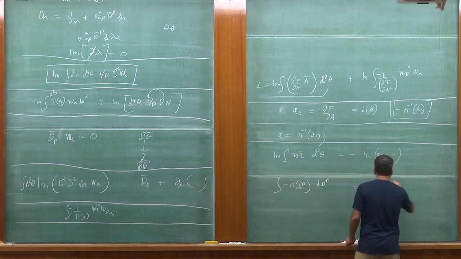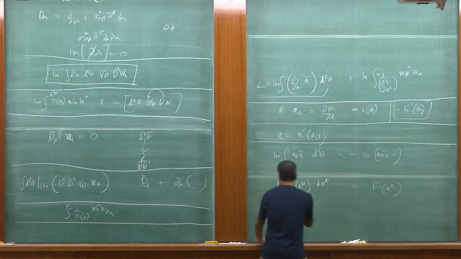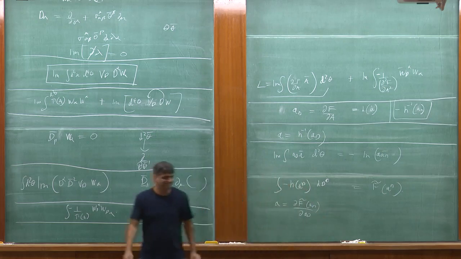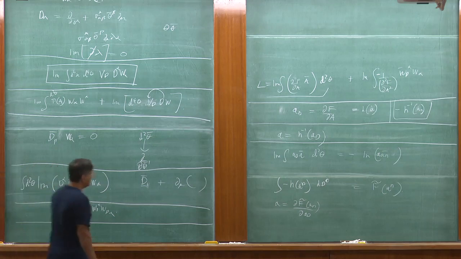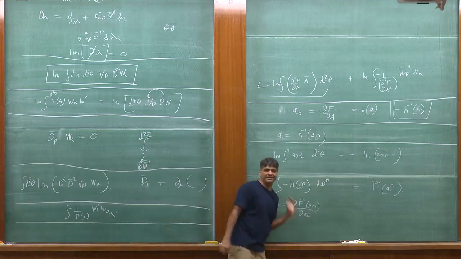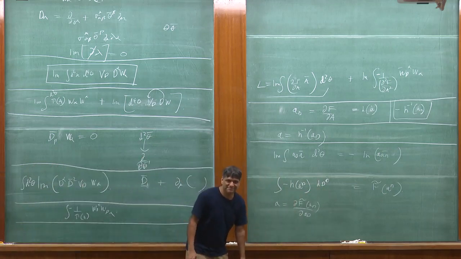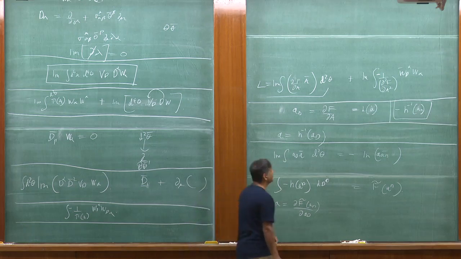F tilde of A_D. Then we have A is equal to del F tilde of A_D by del A_D. Right? The minus is important because we are representing A as minus h of A_D, the H inverse.